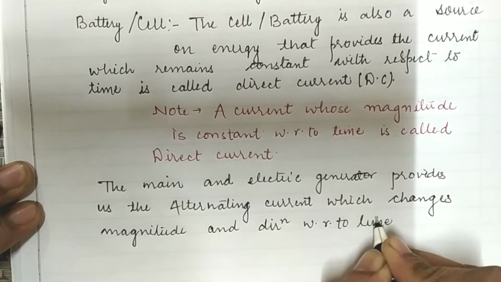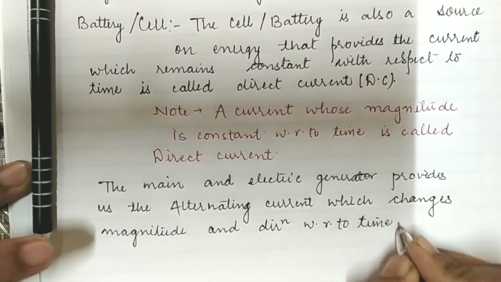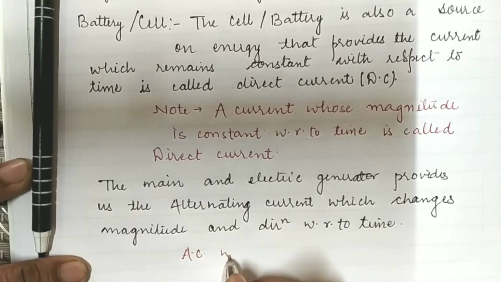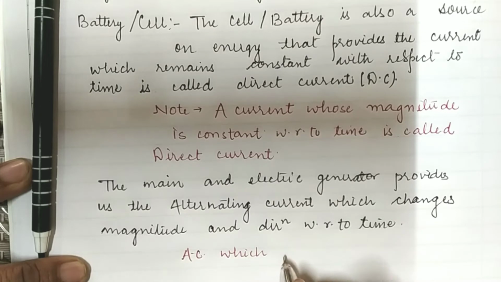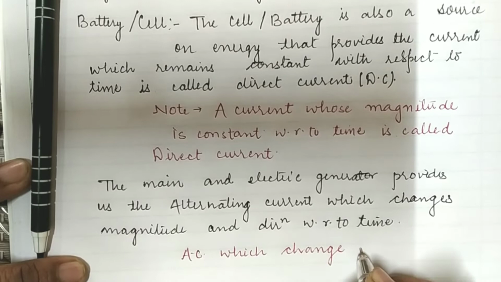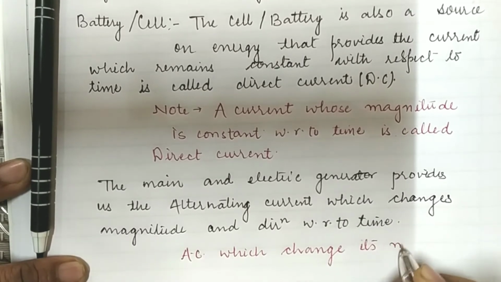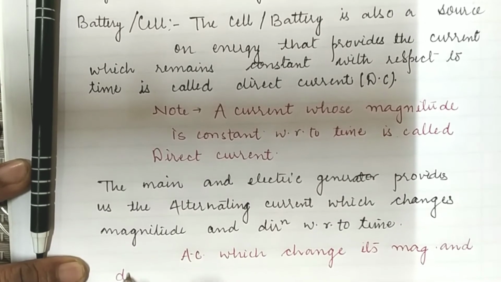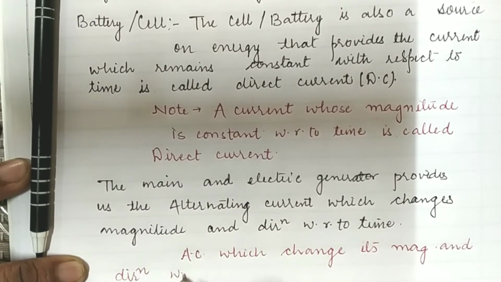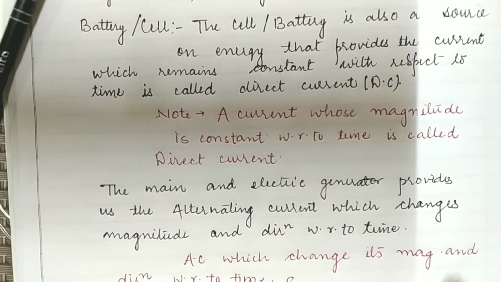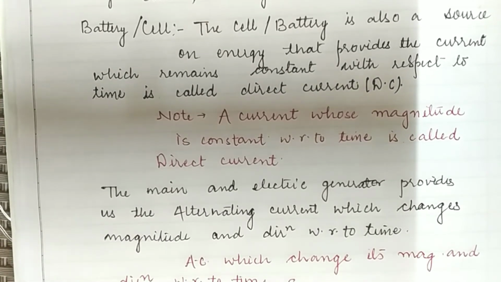So we can say that AC current is a type of current which changes its magnitude and direction with respect to time.